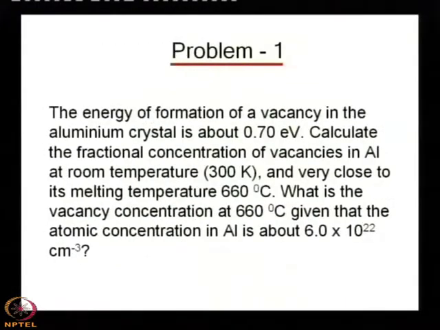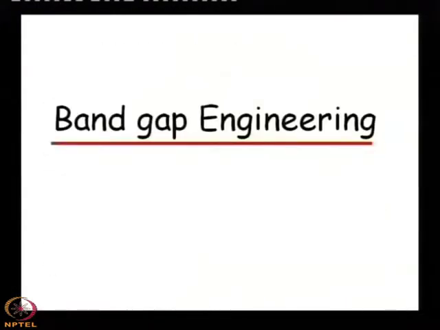Okay, now we come to our next topic, band gap engineering. In some applications, we have seen that a particular band gap value is required. We have talked about fiber optic communication.